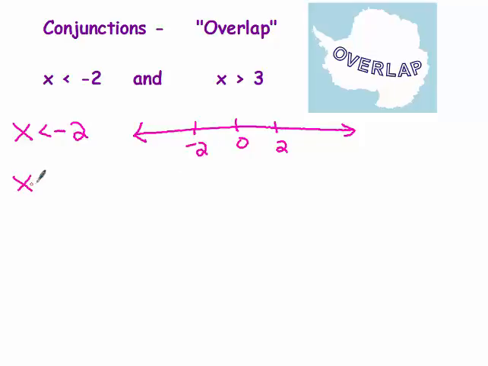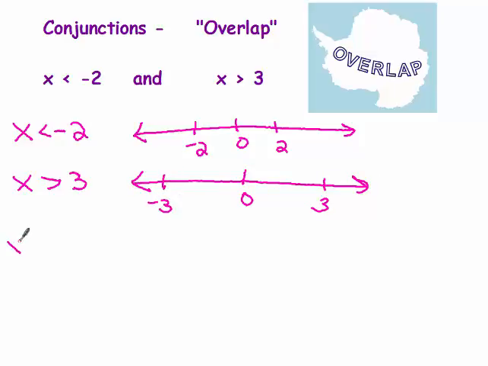I have my x is greater than 3. And I have my conjunction x is less than -2 and x is greater than 3.